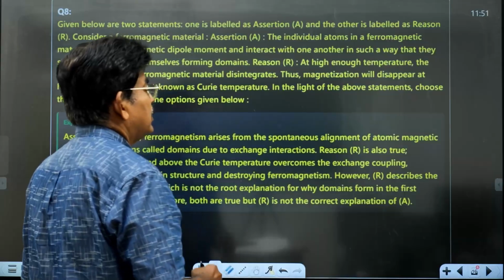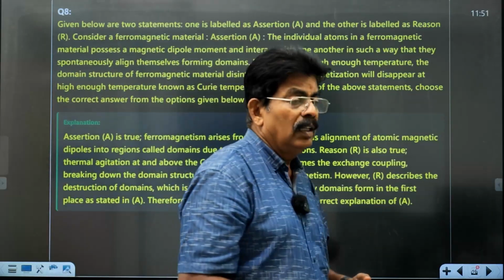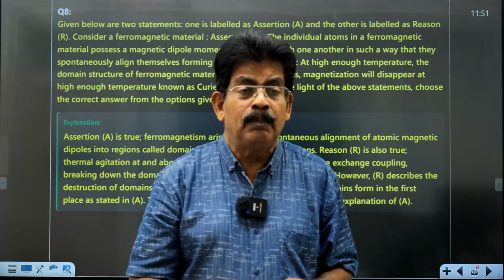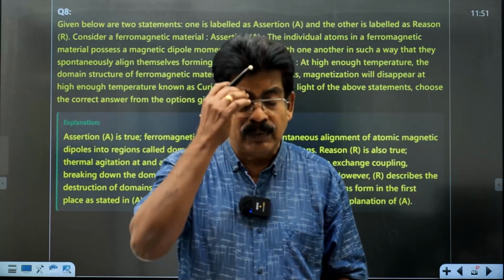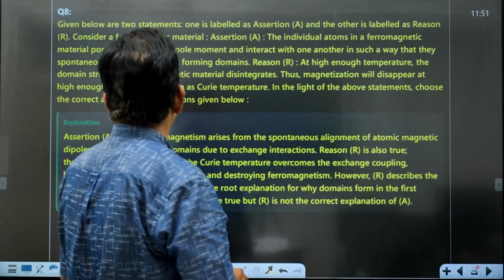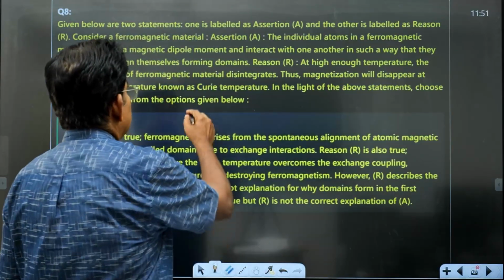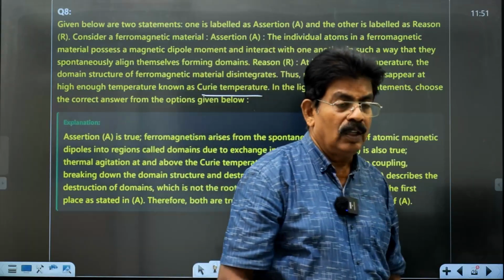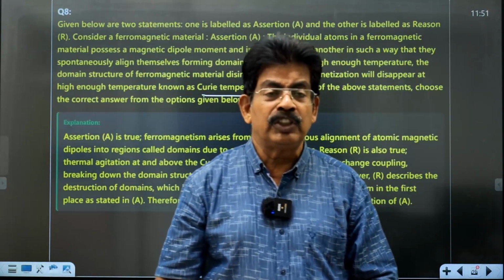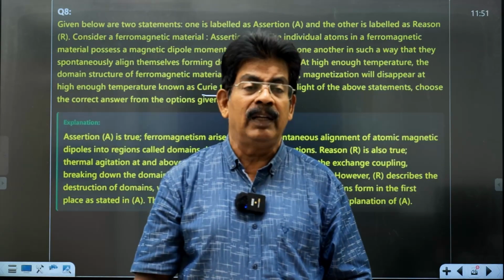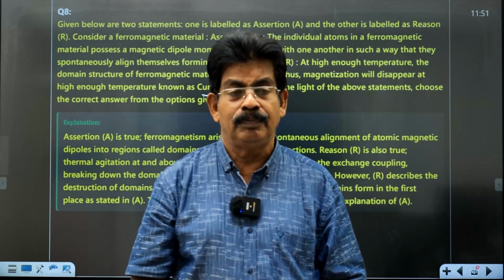At high temperature, as temperature increases, the atoms in domains are disturbed, and when the temperature goes above a temperature called the Curie temperature, what happens? This domain feature will be lost. As a result, it will lose almost all its magnetic property, because it becomes paramagnetic.